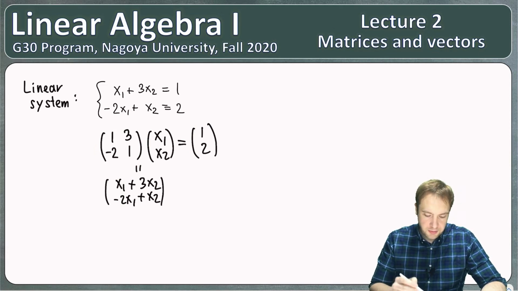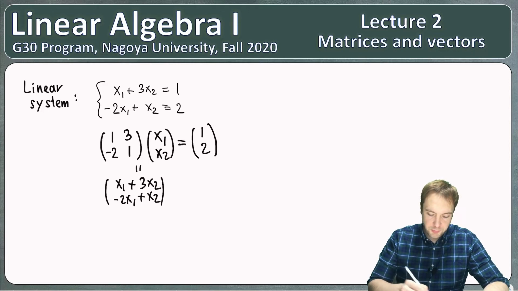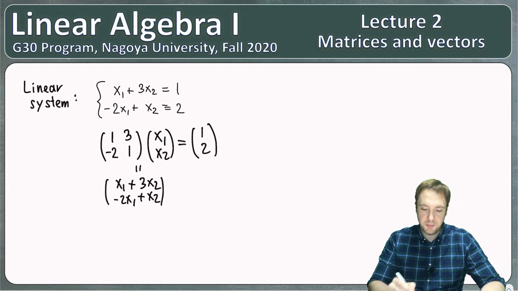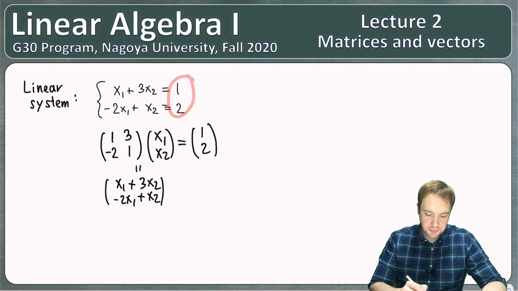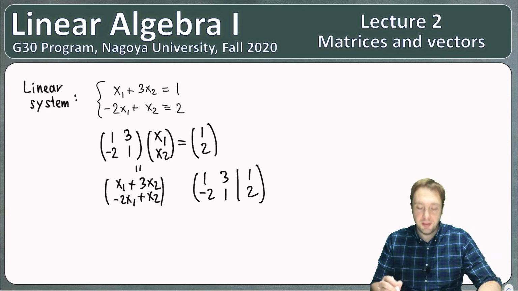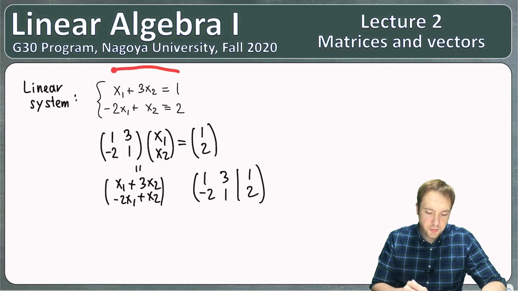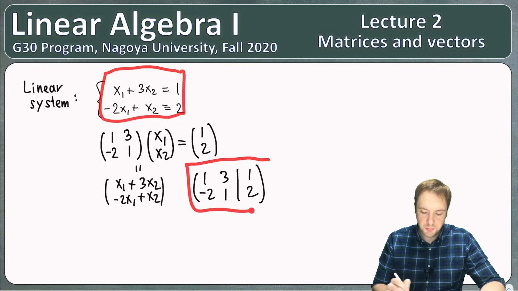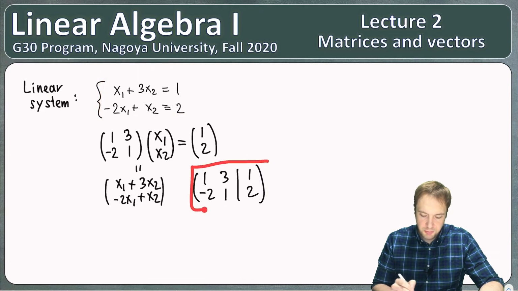And then we will introduce the so-called augmented matrix of the linear equation, which in this case just means that we write this vector here as an additional column. So we will rewrite this linear system like this. So this will be a 2 by 3 matrix. And then these row operations we introduced last time, we will introduce for matrices. And then we will do this row operation on this matrix here.